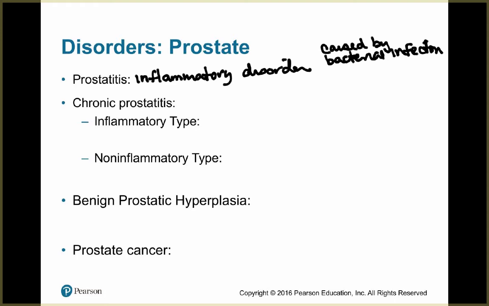And so you can have acute prostatitis or chronic prostatitis with this, right? They put acute or chronic. And a lot of times what they do is they treat this with antibiotics.